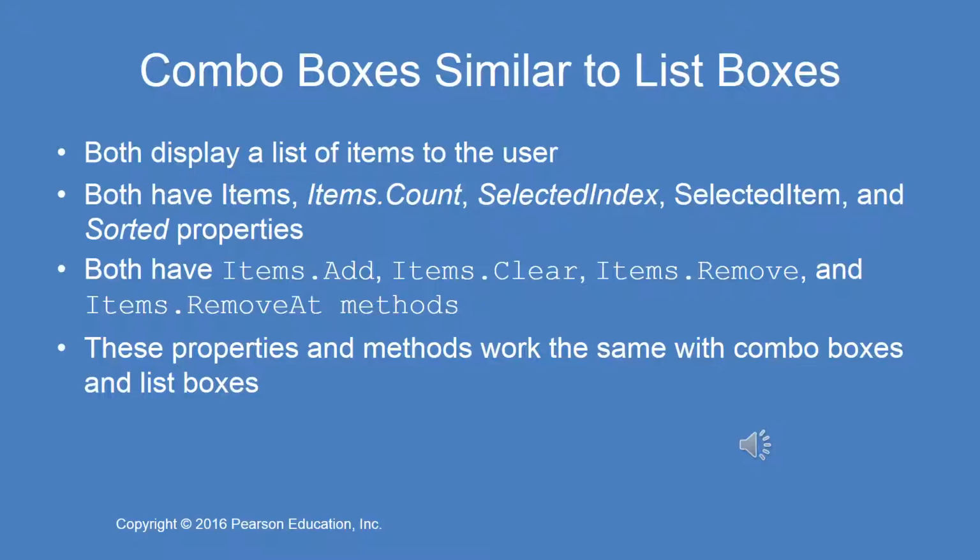And both have methods that allow you to Add, Clear, Remove, and RemoveAt items. These properties and methods work the same with combo boxes and list boxes. We'll take a closer look at the additional combo box features next.